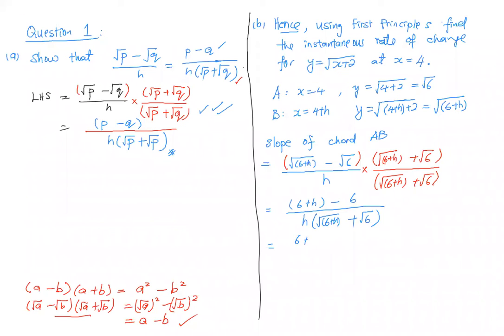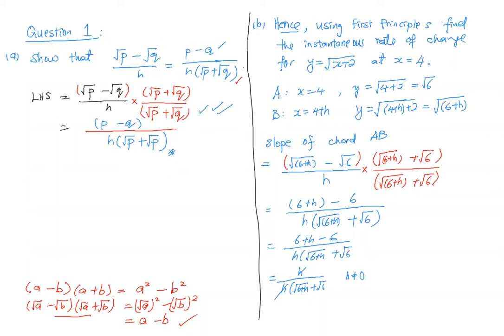6 plus h minus 6 divided by h. If you can straight away simplify, you don't have to write this extra step. So this will be h over h. h cannot be 0, so that's why you can cancel.